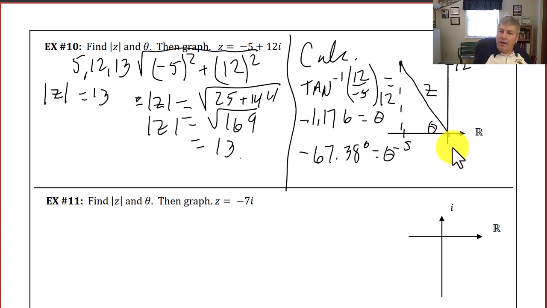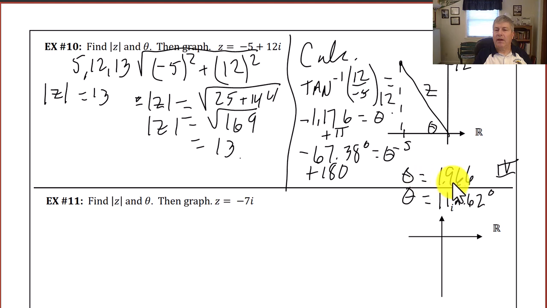But those angles are in the fourth quadrant, they're down here in 4, and you can clearly see we're working up here in quadrant 2. So we're going to have to add pi to our -1.176 radians, and we're going to have to add 180 to our -67.38 degrees.